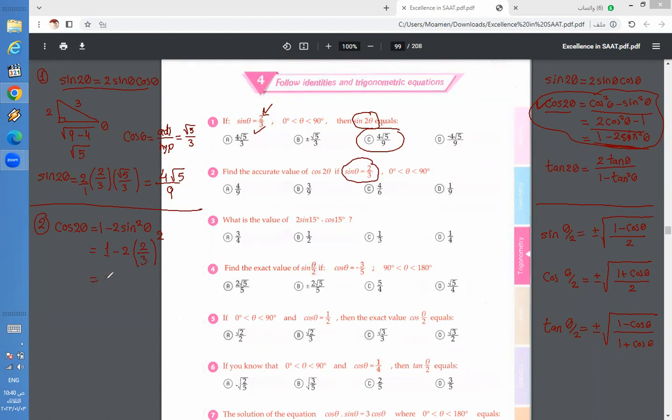By using a calculation directly, 1 minus 2 times 4 over 9, which is 8 over 9, gives 1 over 9, and this is the answer. So directly, if you know the rule, substitute in the rule, then substitute the numbers, then you can find the right answer quickly by a small calculation. This is the answer of number 2.